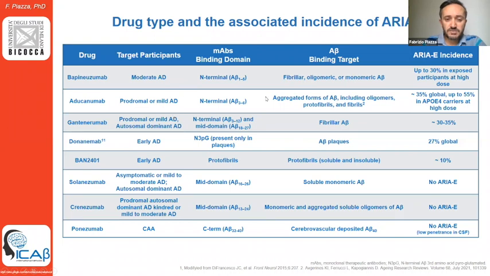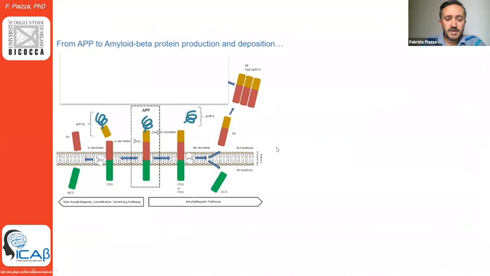But before discussing the main outcomes and specific information on these drugs, I would like to explain very quickly, for those who are not very familiar with beta amyloid: beta amyloid is a protein that is generated by the processing of the amyloid precursor protein, which is a transmembrane protein cleaved by different proteases.